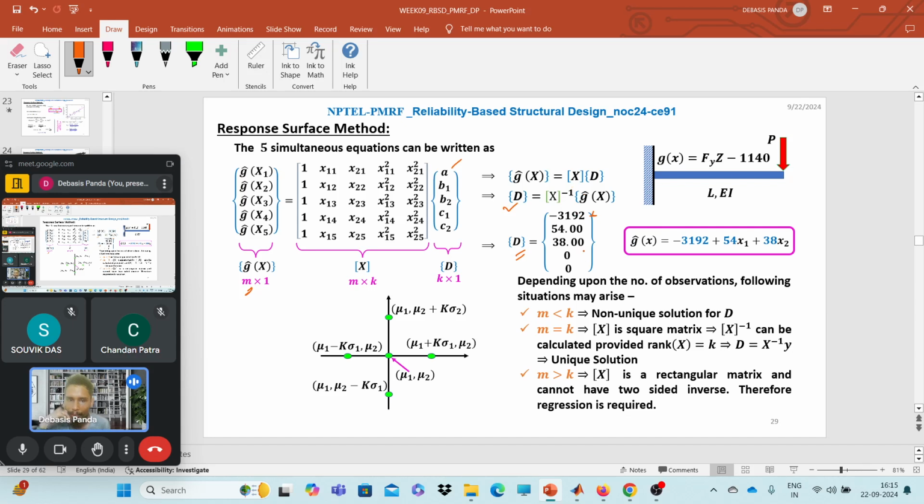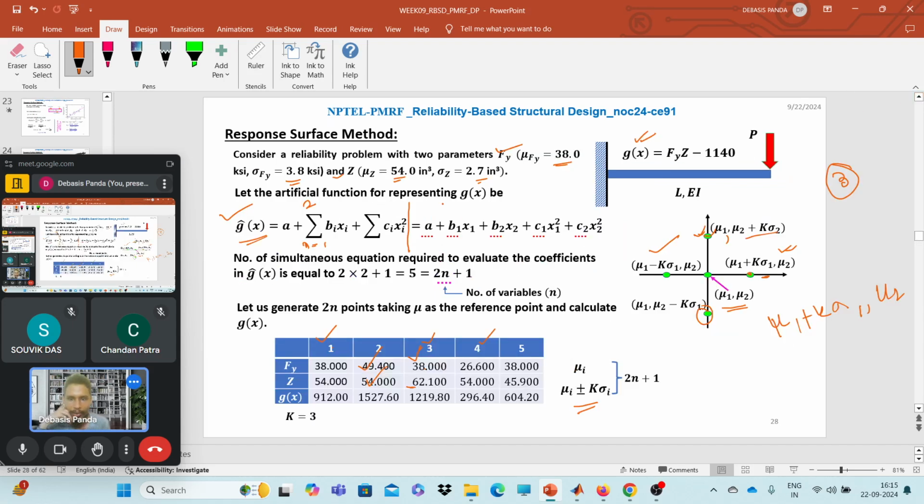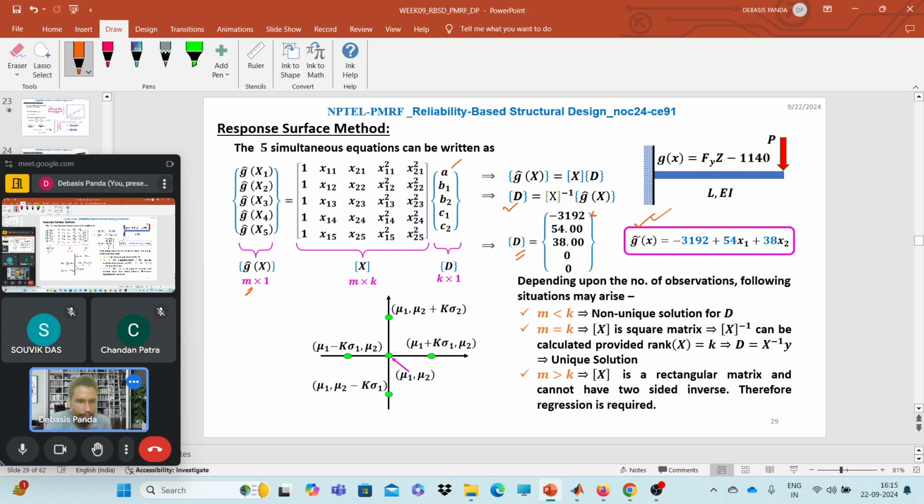Once you have all these values, you can have your G(x). Just replace these values in your actual polynomial function. Now let's quickly see this, our response surface. G of x is minus 3192, 54 x1, 38 x2.